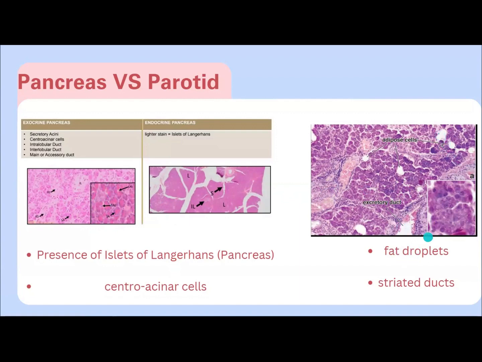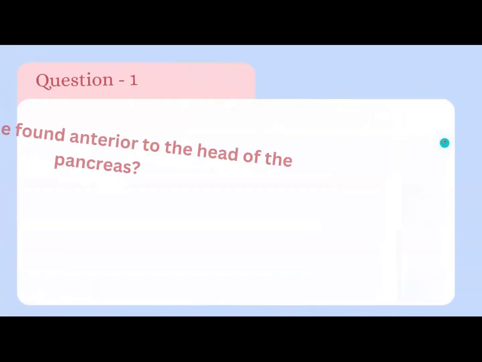Adipose means fat, okay? So you have fat droplets, and you have striated ducts. The ducts have striations. I'm not sure if we can see them. Okay, yeah, you see the many different nuclei. This means that they are striated. It's not simple, okay? They are striated. That means you are in the parotid gland. The second you see adipose cells, you're in the parotid.